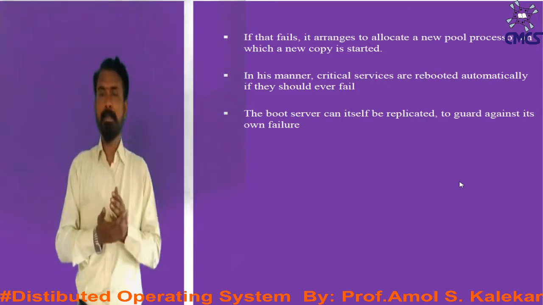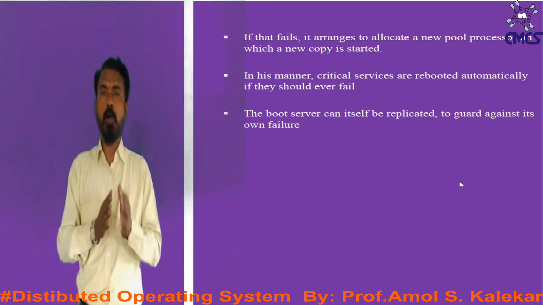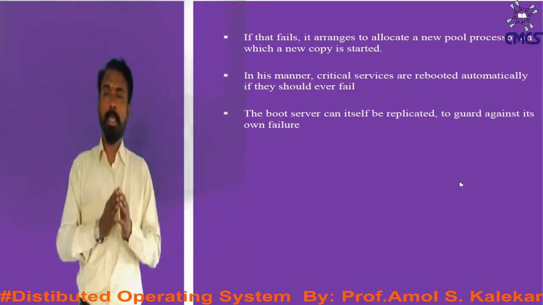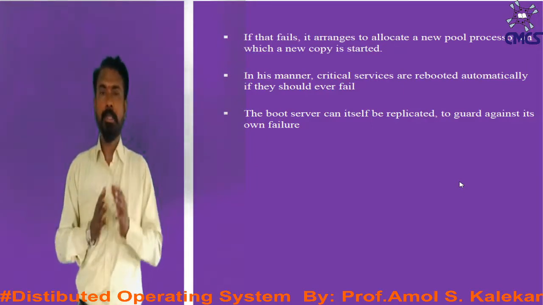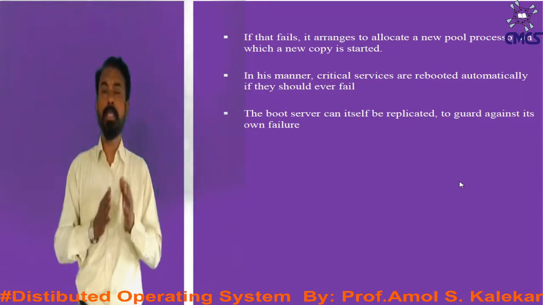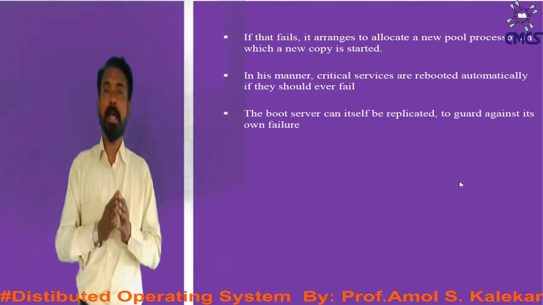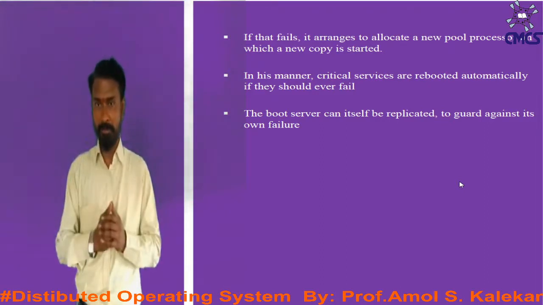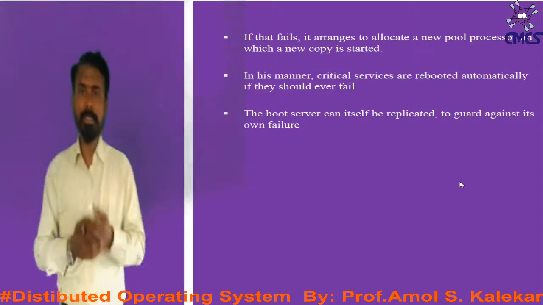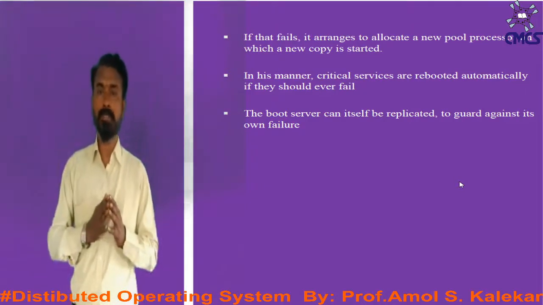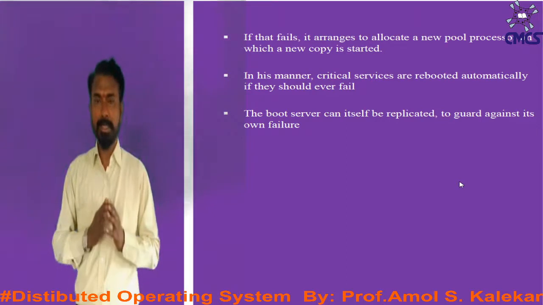In this manner, critical services are rebooted automatically if they should ever fail, and the boot server can itself be replicated to guard against its own failure. Okay, so dear students, these are some of the points as far as the boot server is concerned.